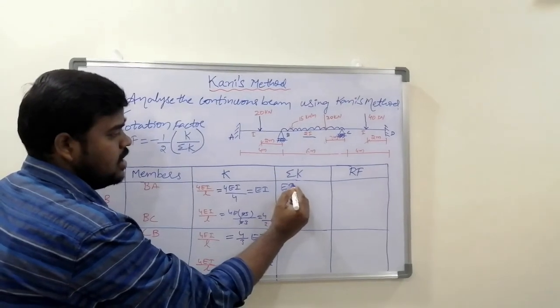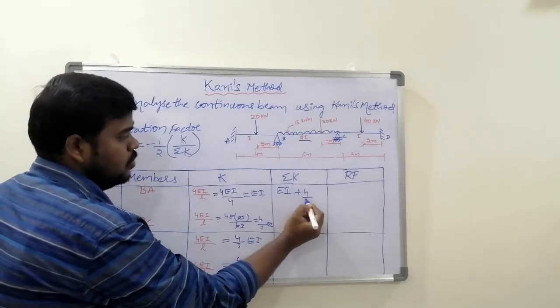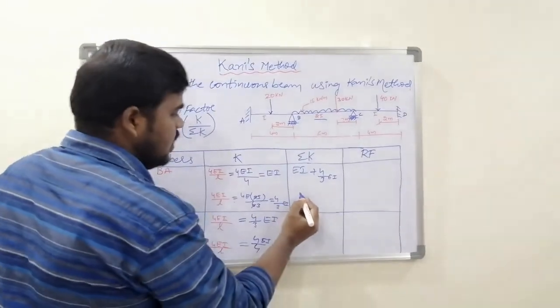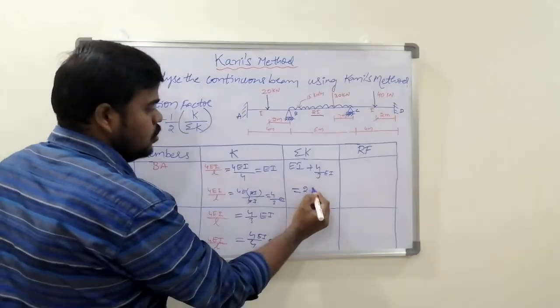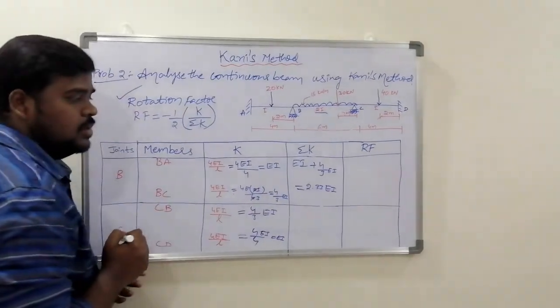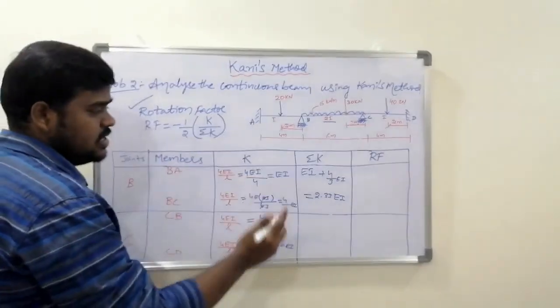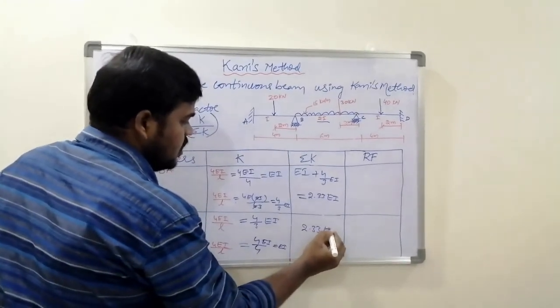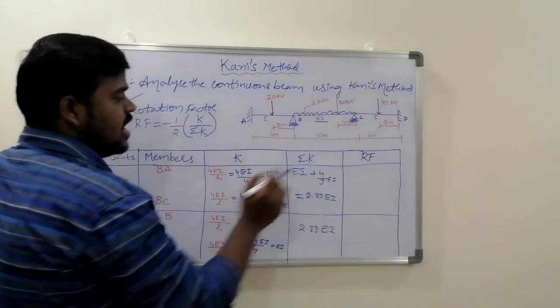So EI plus 4 by 3 EI. What will this give? An answer of 2.33 EI. And in the same manner, this will also give the answer as 2.33 EI.